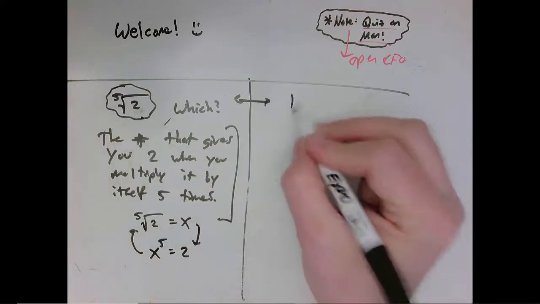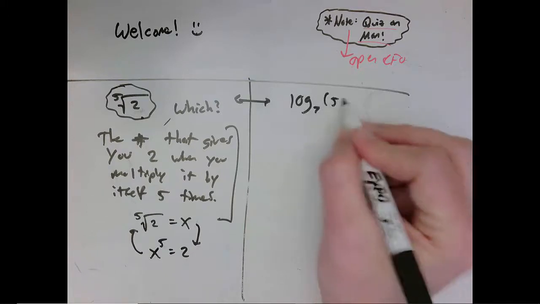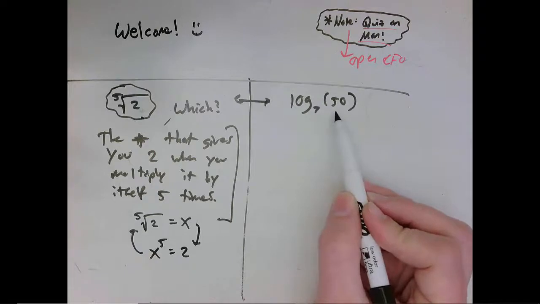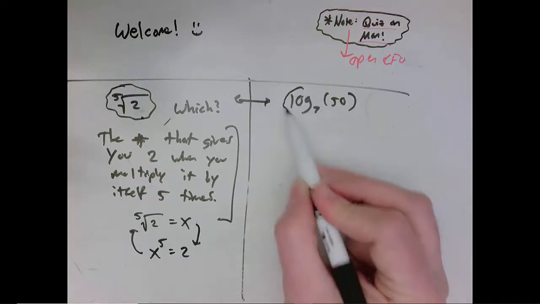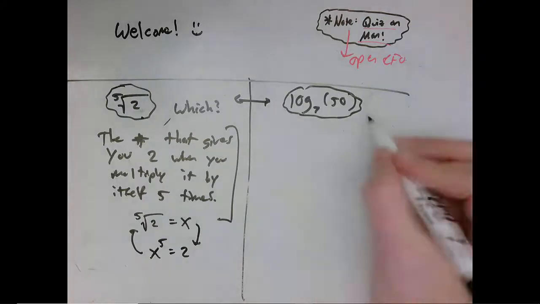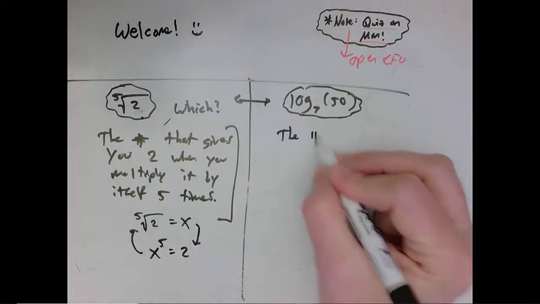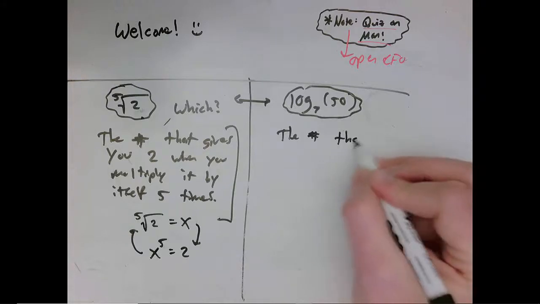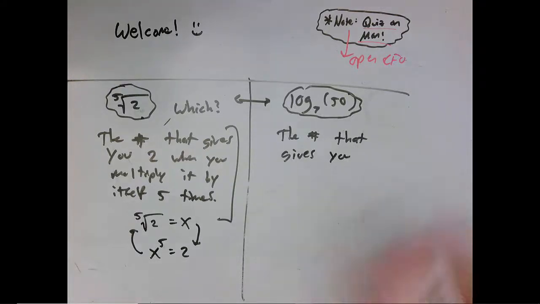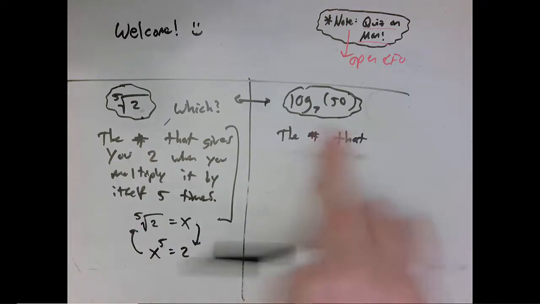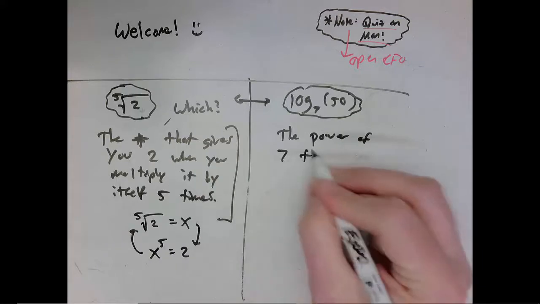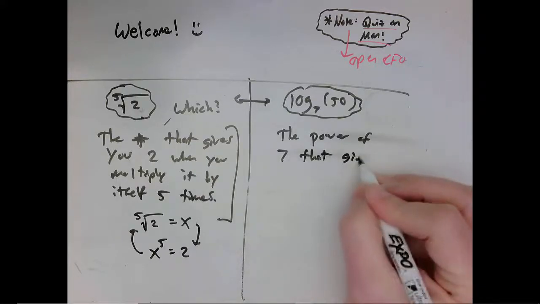So let's look at logarithms. If I have log base 7 of 50, don't think about this as an operation being applied to 50. This itself describes a number with a very special property. What number is it? It is the power of 7 that gives you 50.